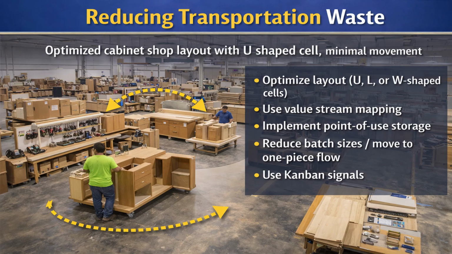It goes to reason then that the solution to reducing the waste of transportation is going to be to optimize layout by arranging equipment and workstations to minimize travel distance. Often, linear layouts can be compressed into smaller U-shaped, L-shaped, or W-shaped work cells that take up less floor space and reduce transportation and motion significantly. Apply value stream mapping to identify and eliminate unnecessary transfers.